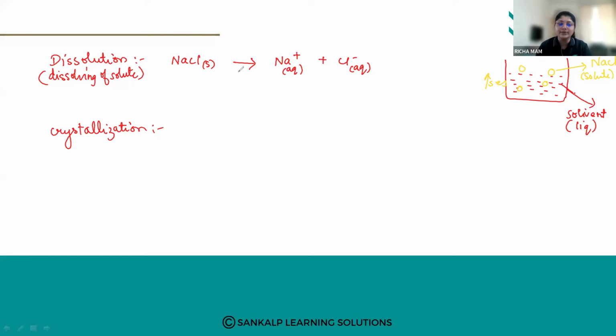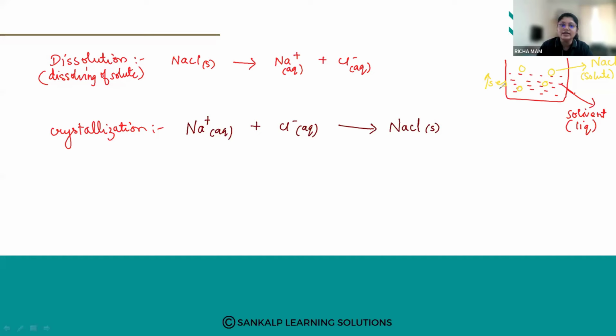Now, at the same time, what is happening in crystallization? In crystallization, the Na plus ions, which are aqueous, and Cl minus ions, which are aqueous, will get associated to form NaCl solid. What will happen in the beaker?